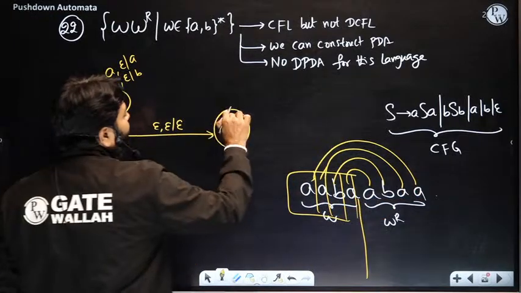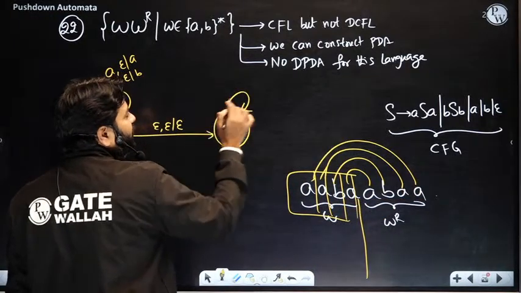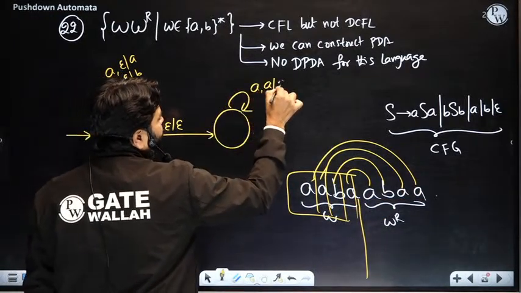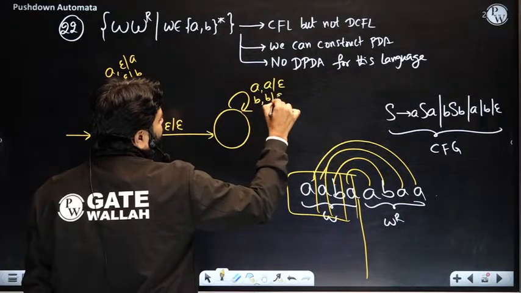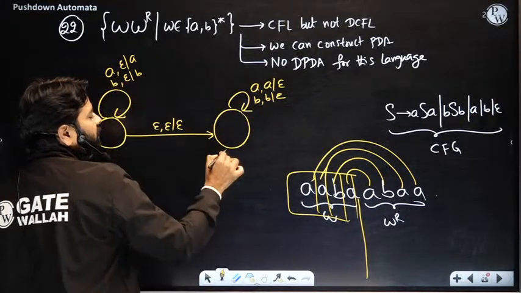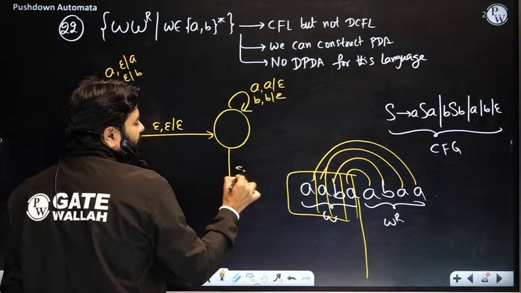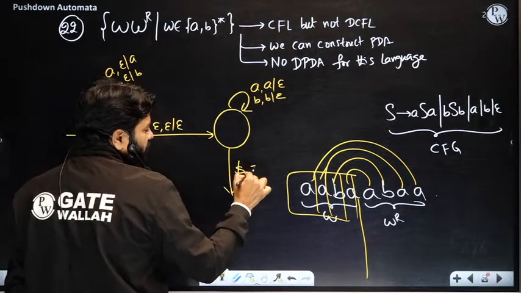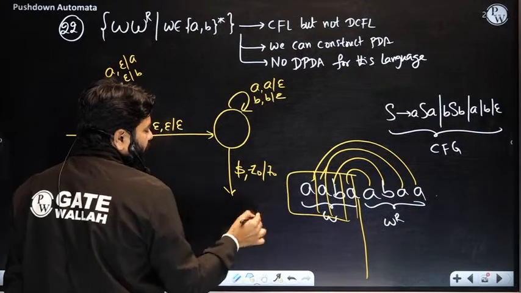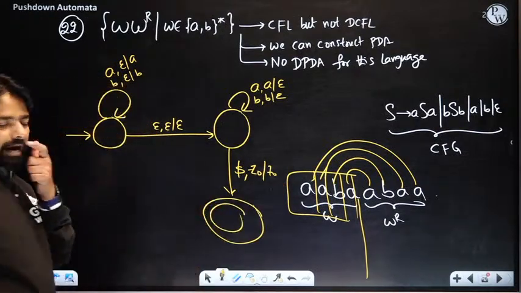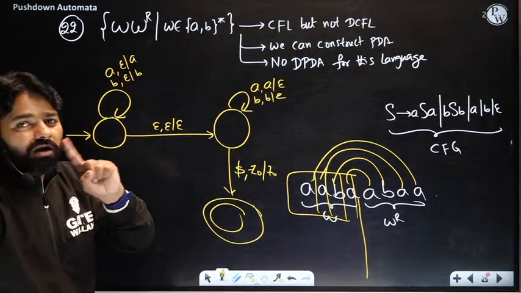See that here, if really W power r begins, then this should happen. If really these two are matching, then at the end of the string, of course dollar or epsilon, then go to final. See this, I designed a PDA, but which is not a DPDA.